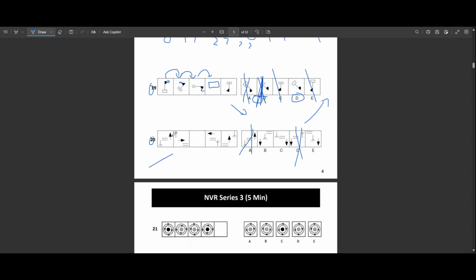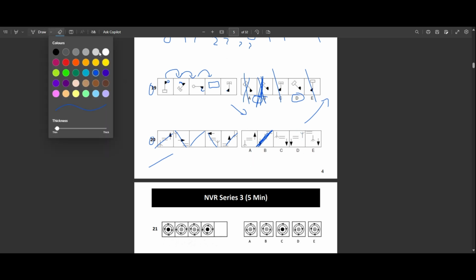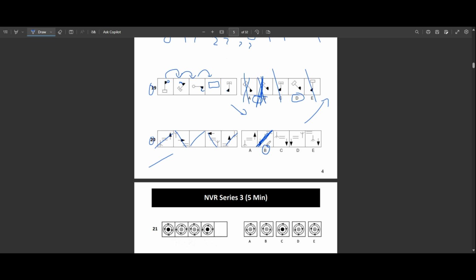But look, diagonal pattern like this, and then diagonal like this, and then it should be diagonal like this, and this, and this, okay? So we know the structure should be going like this, right? You can see that. I'm just going to rub out these. This option B is the only one that's got the pattern of these shapes going diagonally like this. So it's going to be option B.